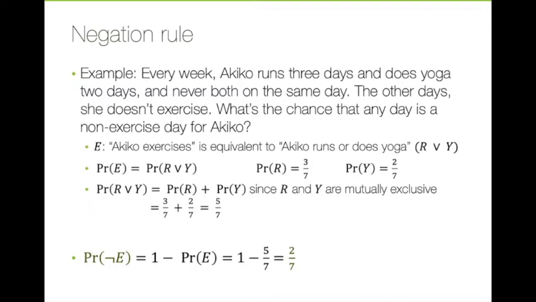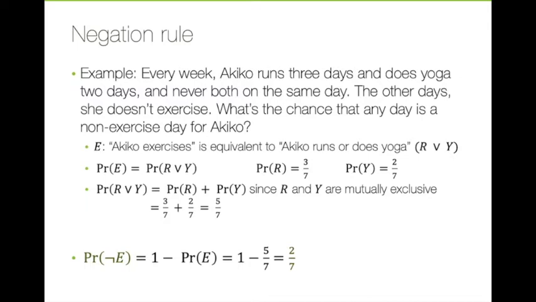That means we get the probability of E, because the probability of E is equal to the probability of R or Y. And we need the probability of E to get what we're interested in, the non-exercise days. So we need to know eventually the probability of not E. To get that, we finally need to use our formula for negation.